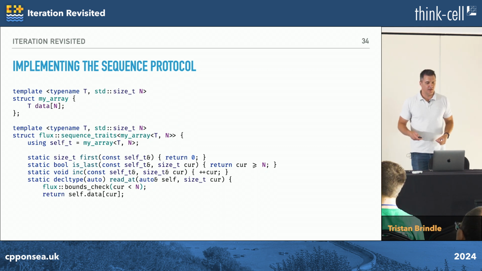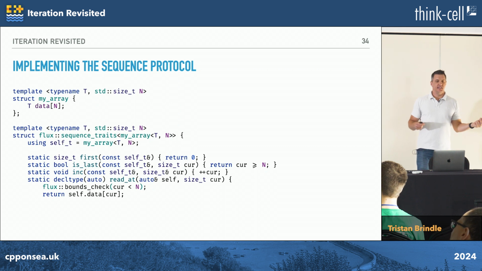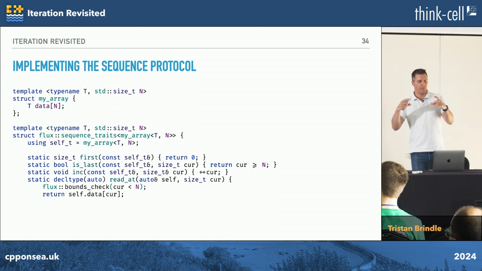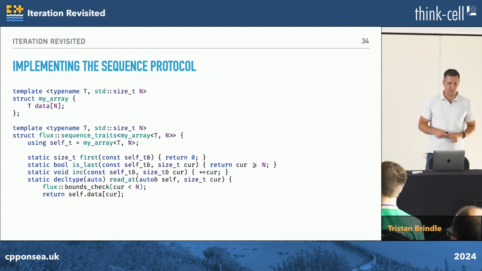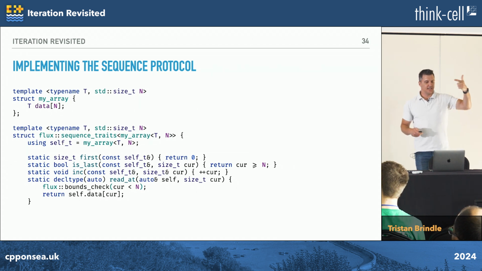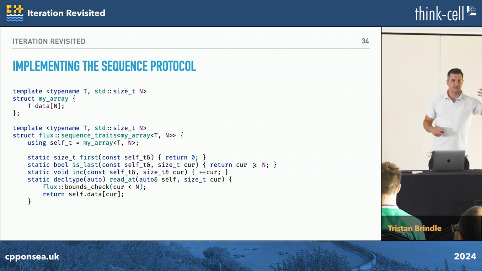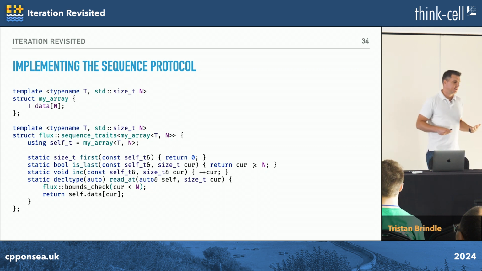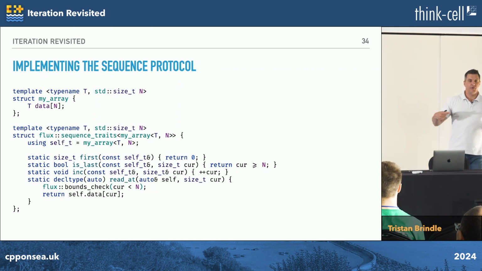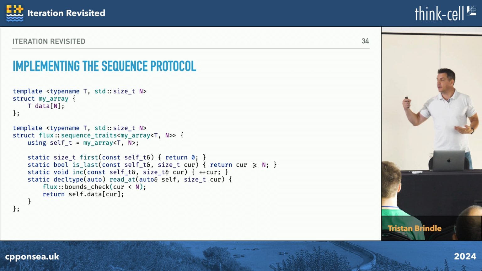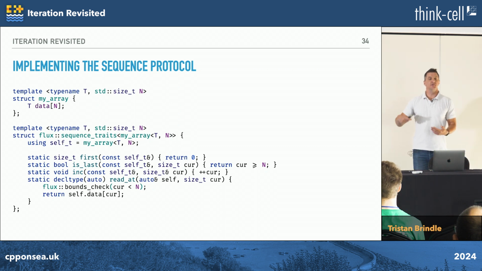And once the bounds check is out of the way, we access the data array and return the element at position cur. Okay, so we've got first, is_last, inc, read_at, and that's it. Having done this, myArray is now a Flux sequence, and we can use it with all these sequence algorithms.